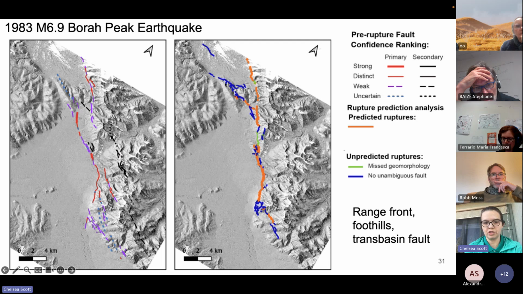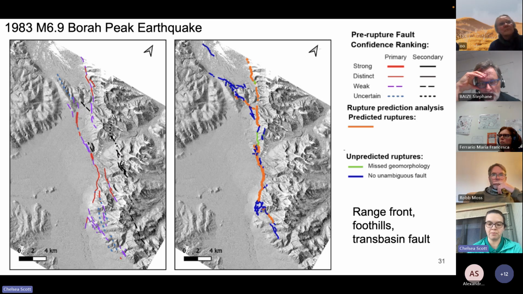And then there's also very limited signal of the faults here across this transbasin fault. And in fact, paleoseismic work has shown that this transbasin fault doesn't rupture every time there's a large earthquake along the range front. And so its geomorphic evidence of faulting there is lower.